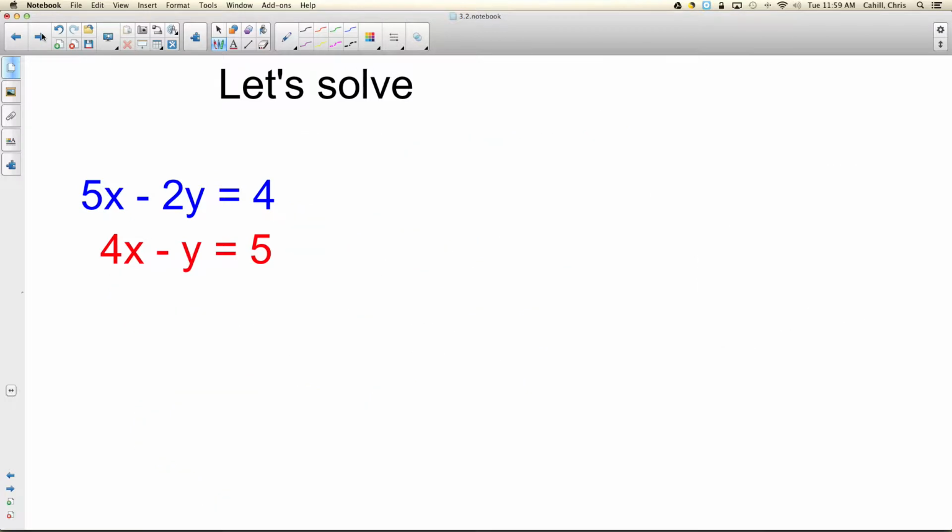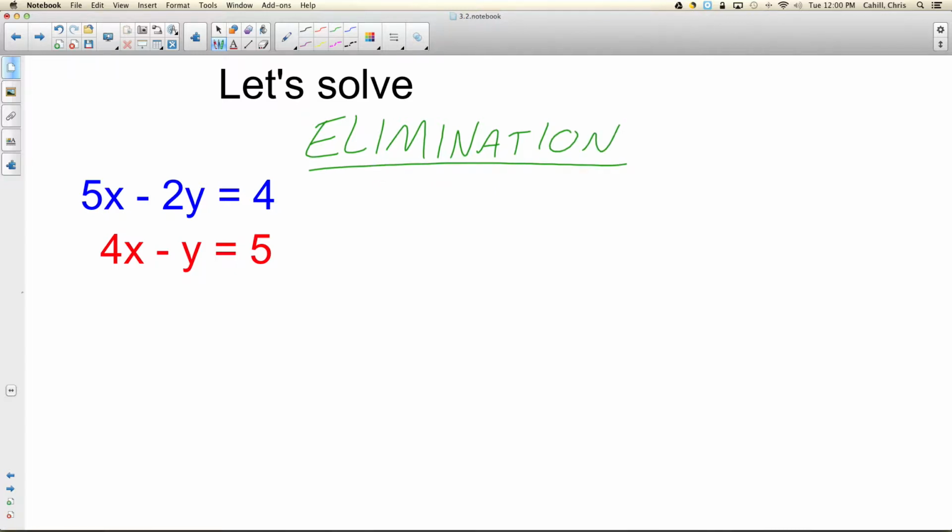Elimination. Poof. So if I say elimination, what's the whole point of elimination? You want to eliminate one of the variables from the equation. So what's the big problem? Like if I had either of these equations on their own, what's the big problem then?